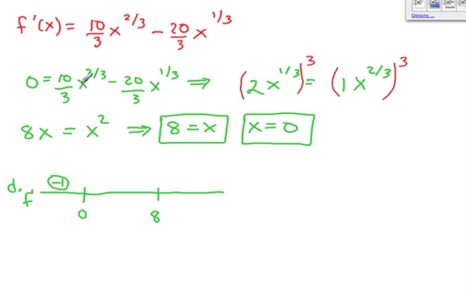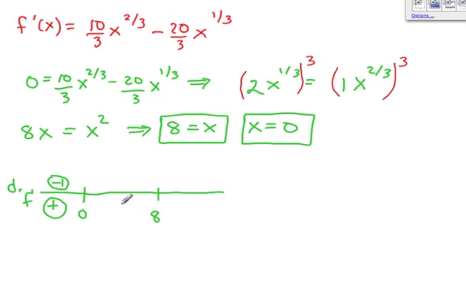-1 squared to the 1/3 is positive. -1 to the 1/3 is negative, and a negative times a negative means it's positive. So that means it's going up from negative infinity to 0.